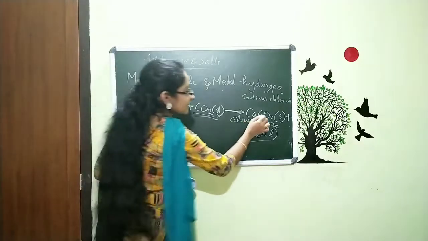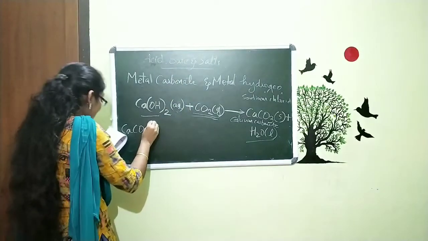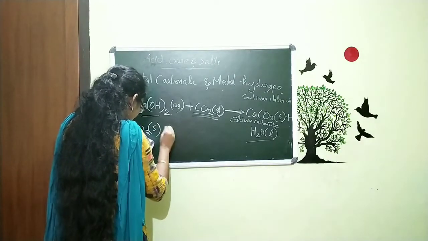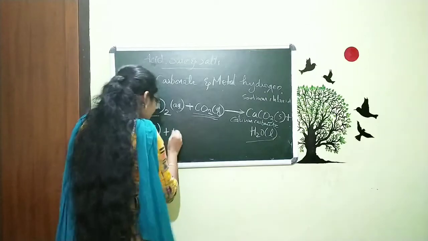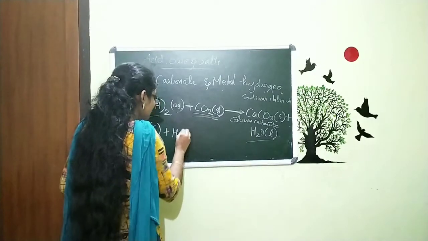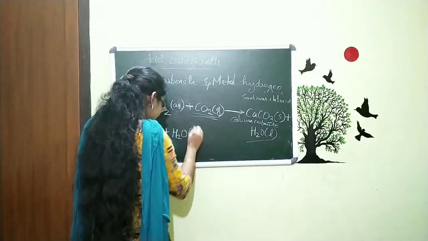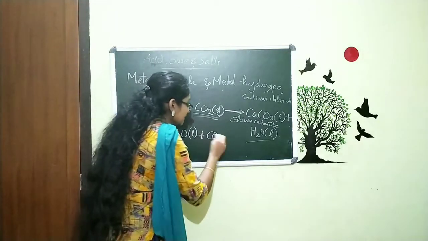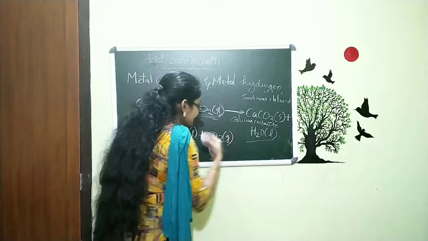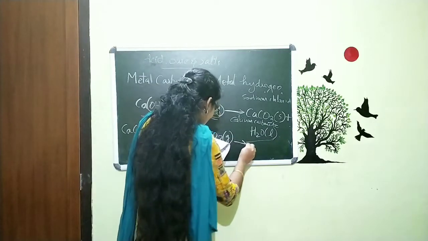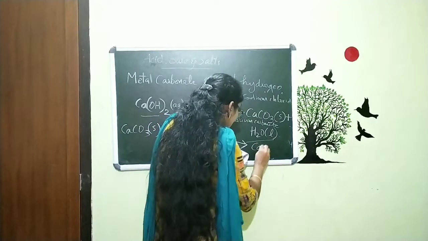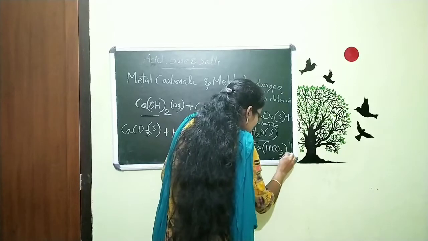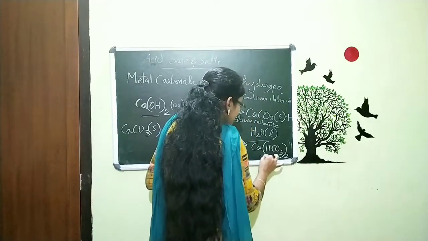CaCO3, the calcium carbonate in solid state, reacts with water, H2O in liquid state, and again carbon dioxide, CO2 in gaseous state. Then we get another product, Ca(HCO3)2, in aqueous form.